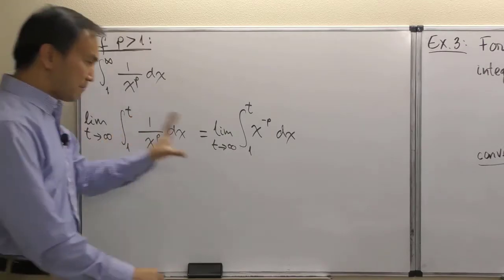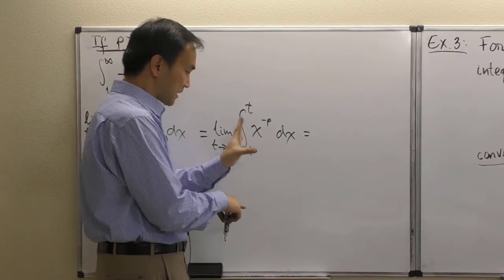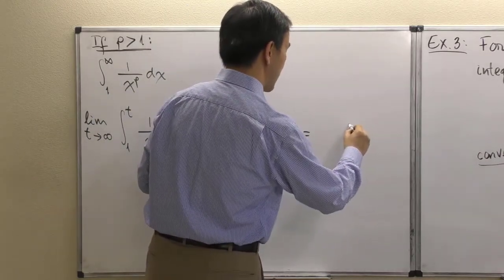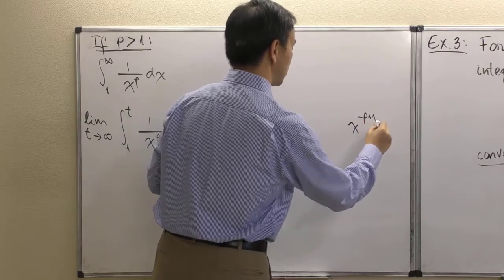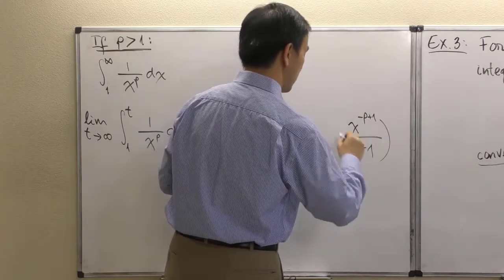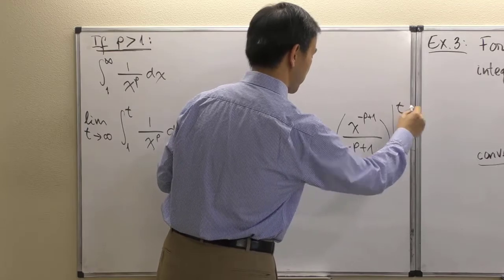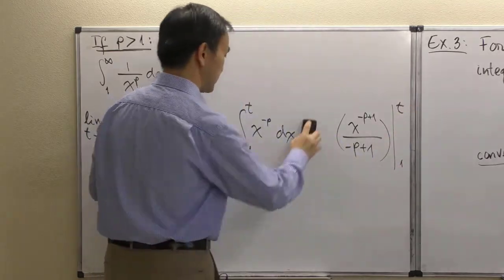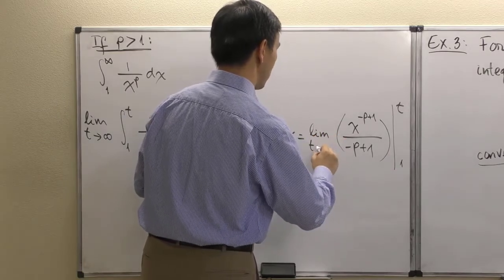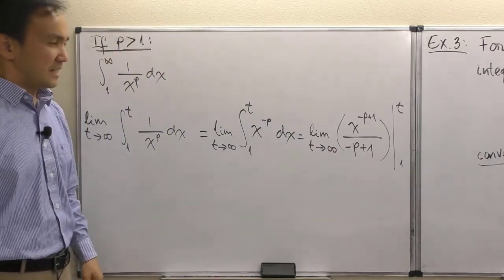According to the fundamental theorem of calculus, we need to find the antiderivative first. That gives me x to the minus p plus 1 over negative p plus 1, and then we will evaluate this from 1 to t. Once we finish evaluating, the t value will be taken as a limit to positive infinity.